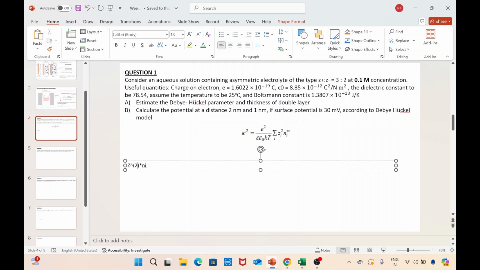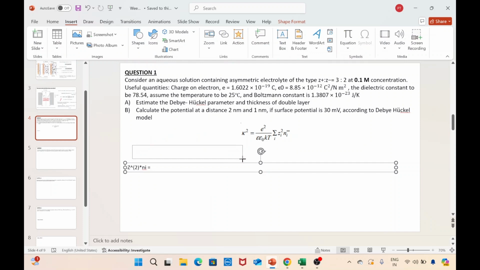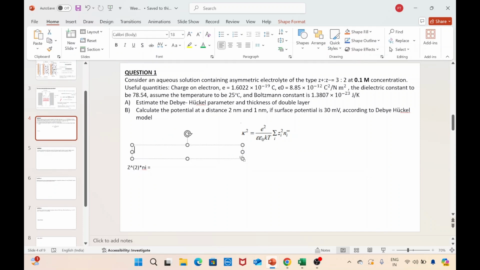So for that we multiply, and the conversion factor goes somewhat like this. Ni is nothing but 1000 times your Mi, that is your molarity.